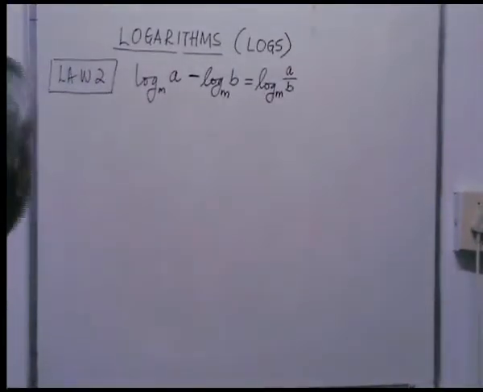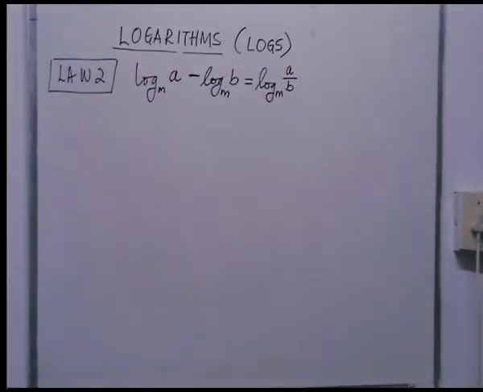Now, watch carefully. Two important things here. Firstly, there's a minus sign. Secondly, the bases are the same. So, according to this law, this can be rewritten as log of a over b.